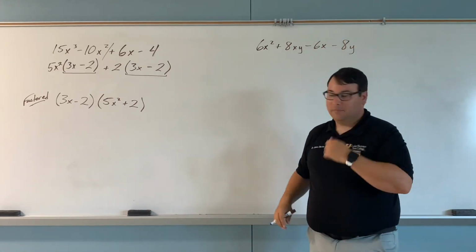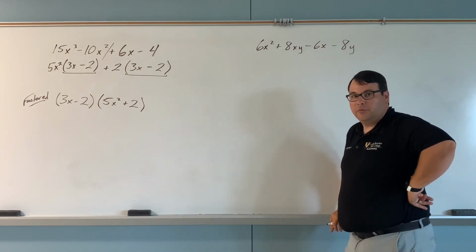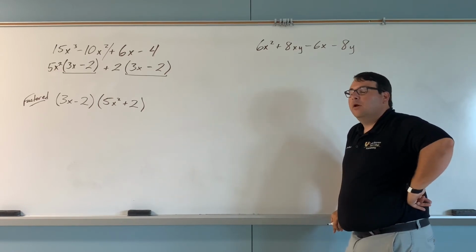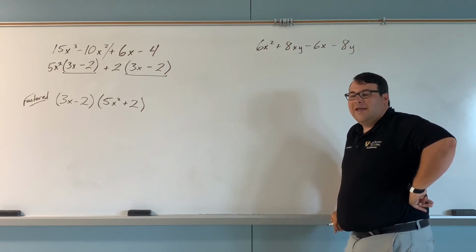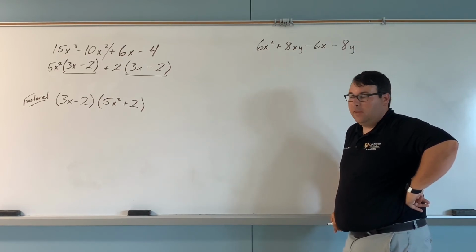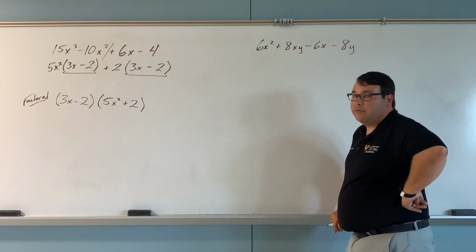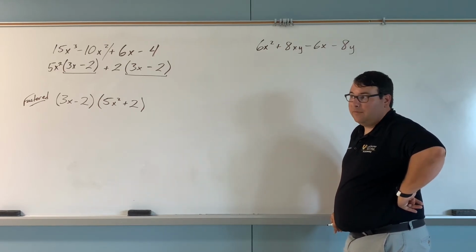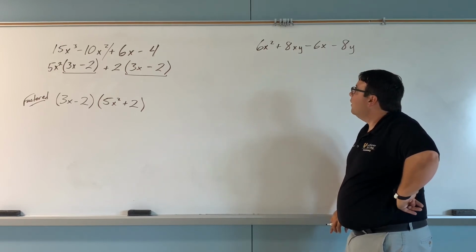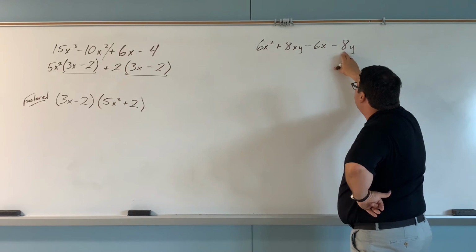Now, the first thing that I always want to do, and this is true of any factoring problem ever, is see if there is a GCF that I can pull out. In this problem, my coefficients are all even. It means I can pull out at least a 2. So 2 is definitely divisible there, divisible here, divisible there, divisible there.